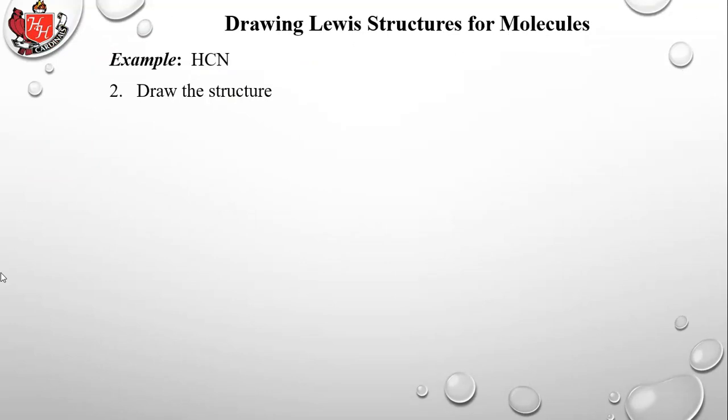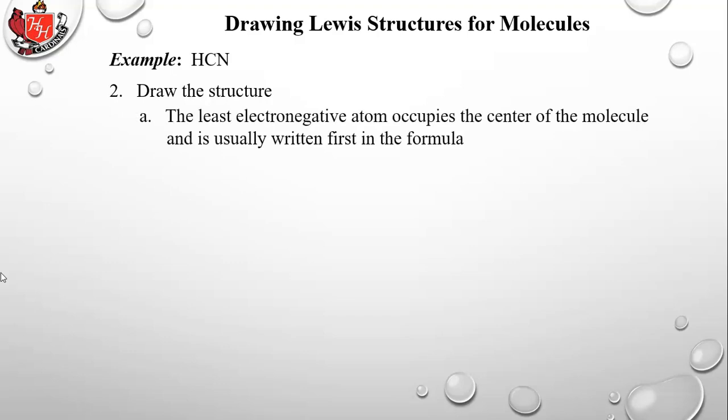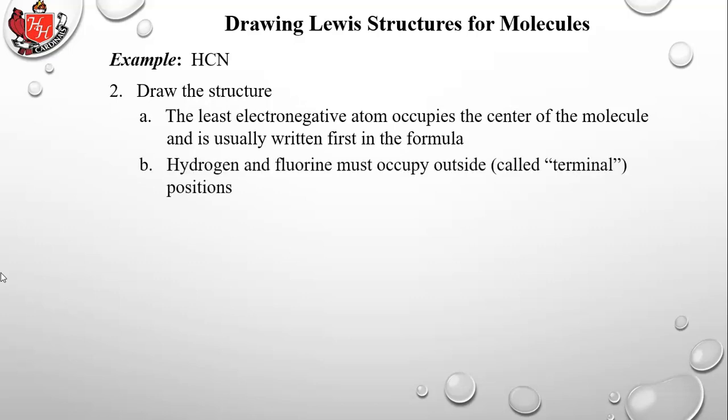So draw the structure. Well, this is pretty straightforward. You're not sure which one goes in the middle, so let's follow the rules here. The least electronegative atom occupies the center of the molecule and is usually written first in the formula. Hydrogen and fluorine must occupy outside positions. Carbon is less electronegative than nitrogen, so it's the leading candidate for the central atom.